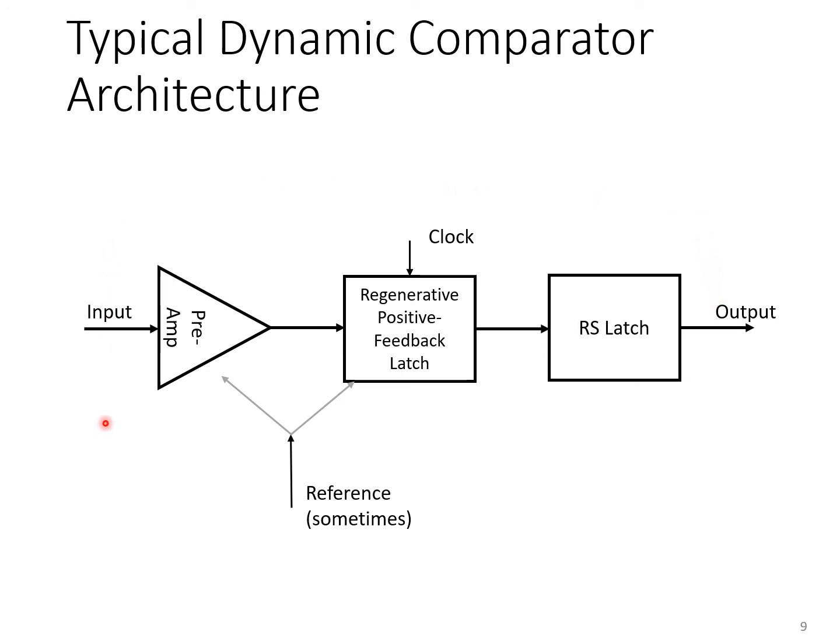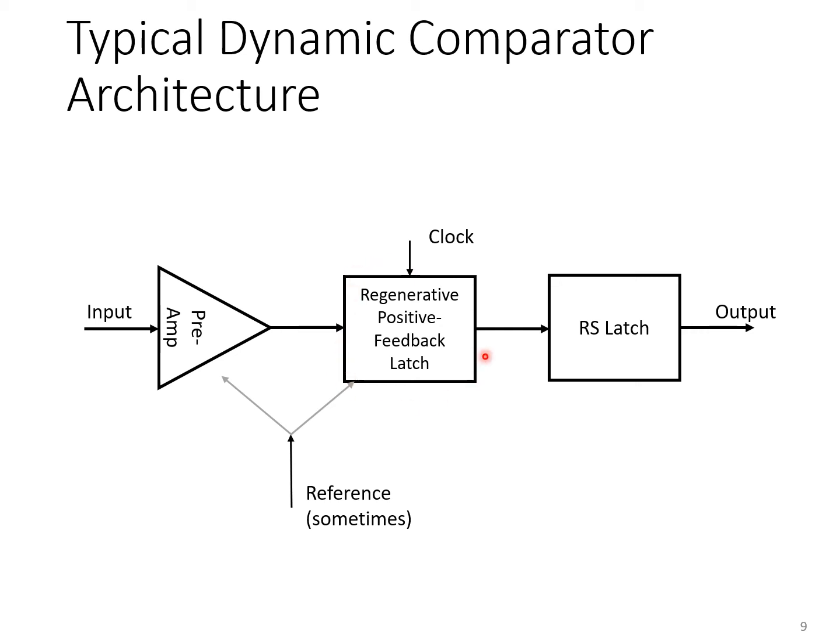Obviously, there are variations on this theme. For example, sometimes you want to compare the input signal not to 0, but to some other reference level. So a reference signal may be applied directly in the positive feedback latch by applying a skew to that positive feedback, giving one side a bit of an advantage over the other.